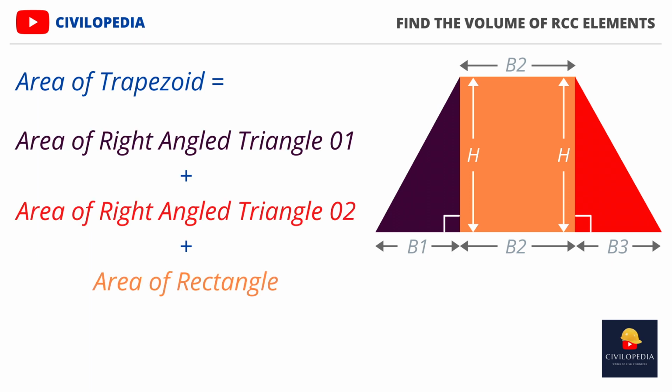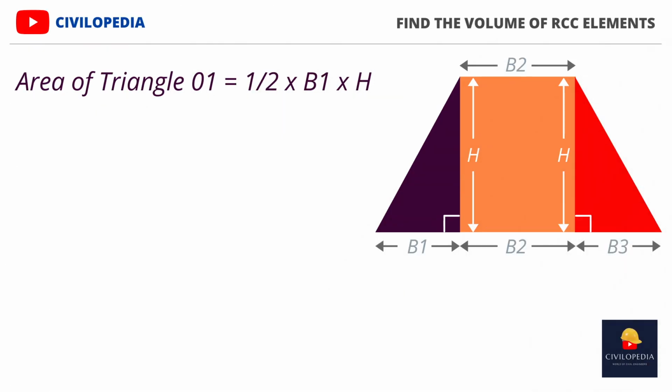We will get the area of the trapezoid by adding all the 3 shapes, that is area of triangle 1 plus area of triangle 2 plus area of the rectangle. Now we will see the separate formulas for each shape. Area of triangle is half into base into height.